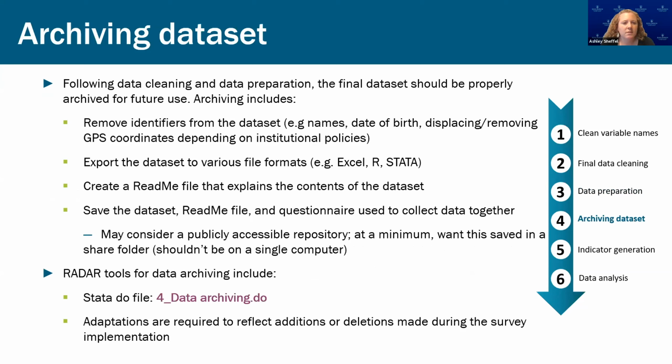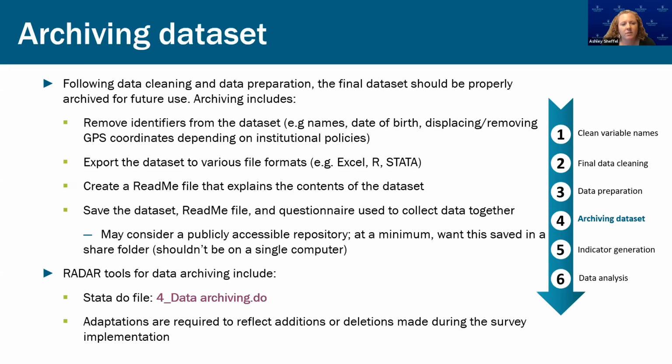That could be names, date of birth, either displacing or removing GPS coordinates depending on your institutional policies. Exporting the data set to various file formats to make it usable for future users, whether that's Excel or R, Stata, SAS, etc. And then creating a README file that explains the contents of the data set and how the data sets can be used collectively with each other.